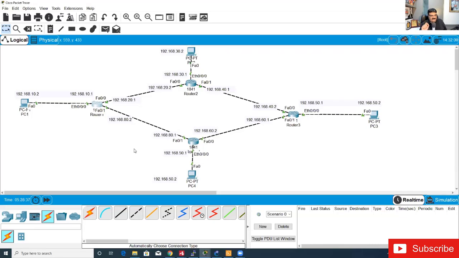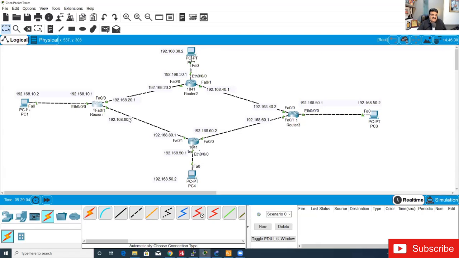Now let me start with RIP. Suppose PC1 is sending the data to PC3. Data is passing on, right? Now suddenly this route goes down, like the primary route goes down. The connection between this particular router R1 and R4 goes down because this is a primary route and it is down.